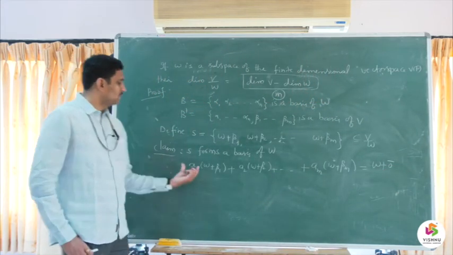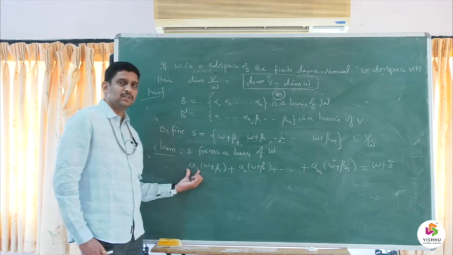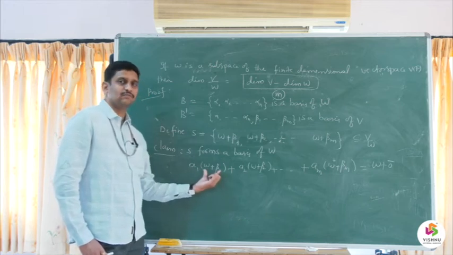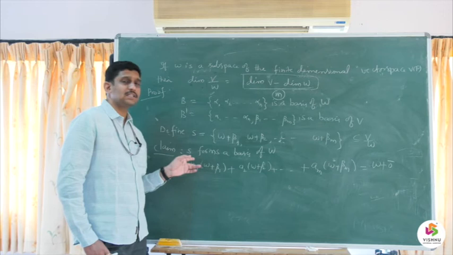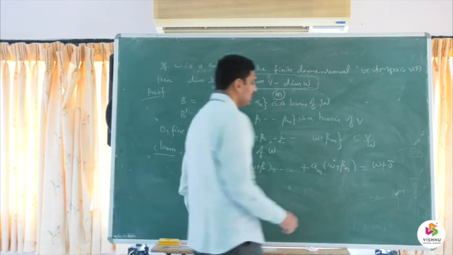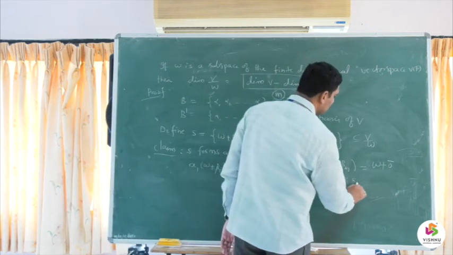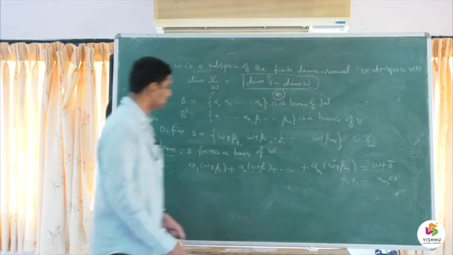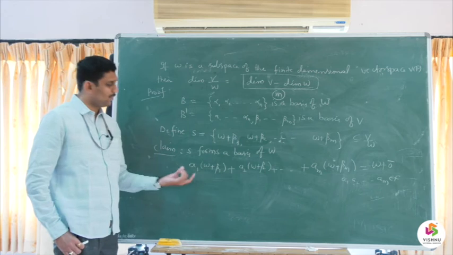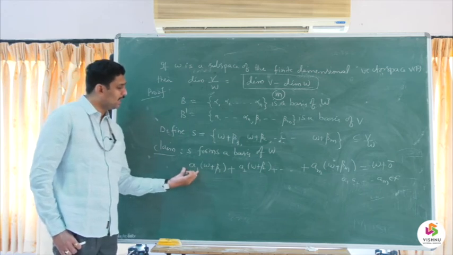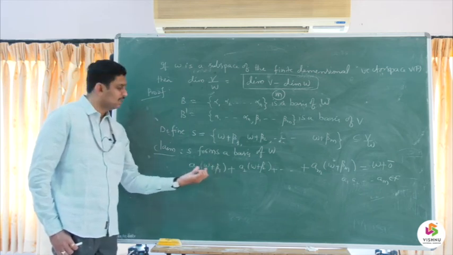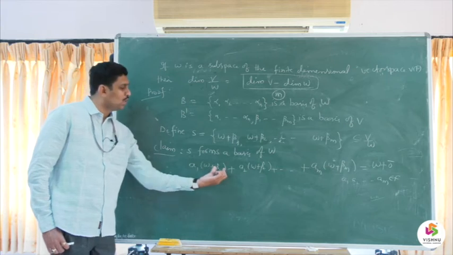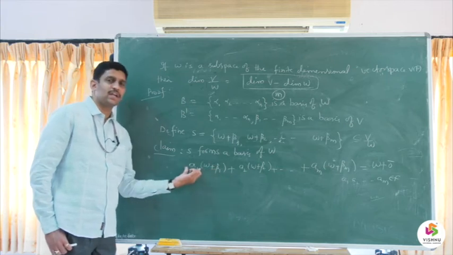Now, here A1 is a number, you are multiplying it with a coset. Please understand, all these scalars A1, A2, so on AM are taken in the field F. So, how do we multiply a scalar and a coset? The set remains as it is, only the vector will be multiplied with the number.